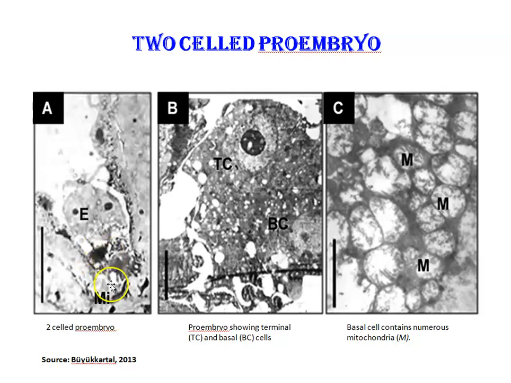Toward the micropylar end, in the basal suspensor cell, extensive wall ingrowths appear along the cytoplasmic face of the cell wall. Short strands of rough endoplasmic reticulum and mitochondria are also observed adjacent to these ingrowths.